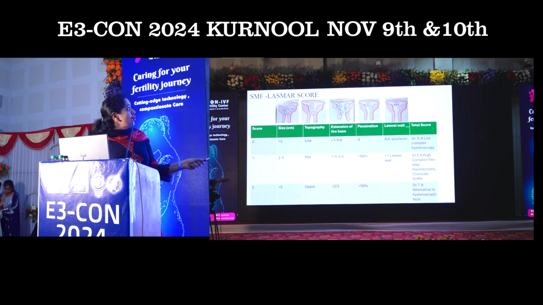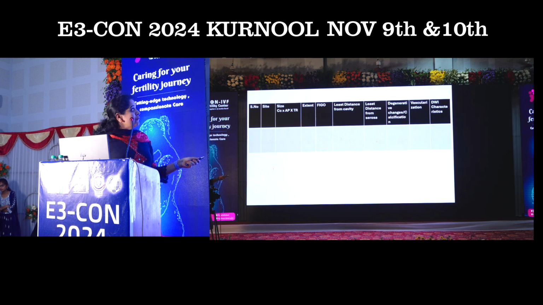So what are these scores? You have to look into the size, topography of the uterine corpus (low, mid, up), extension of the base, the largest diameter of the fibroid and its relationship with the uterine wall, that is the attachment, because it decides the complexity of the excision, and then penetration and lateral wall involvement.